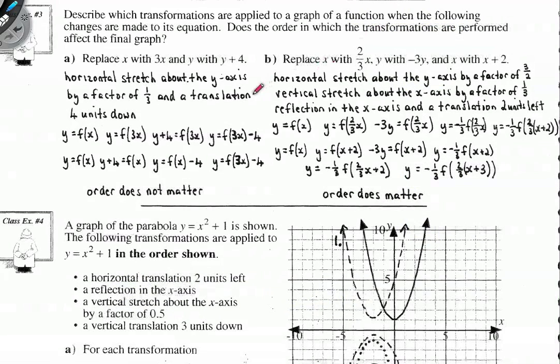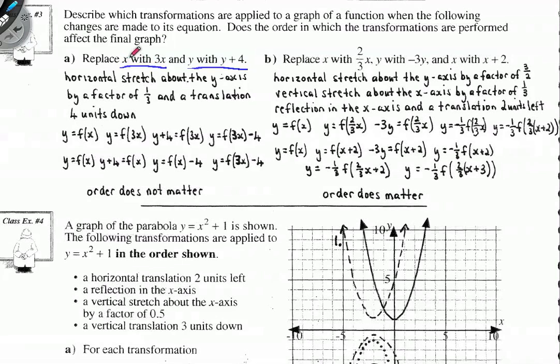Well, class example 3 says describe which transformations are applied to a graph of a function when the following changes are made to its equation. So let's look at the changes to the equation. You're replacing x with 3x and y with y plus 4.